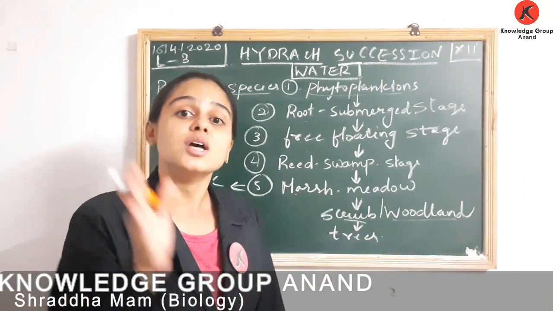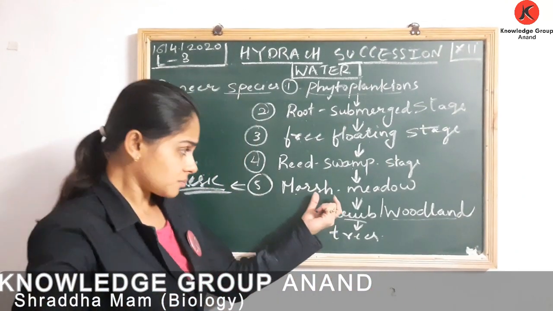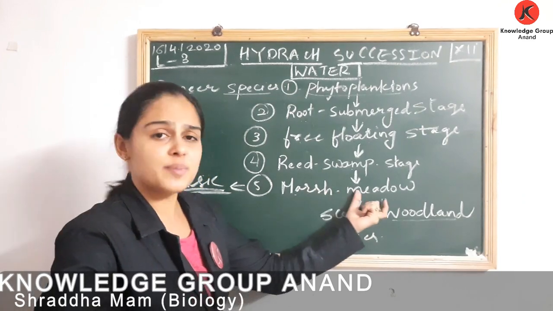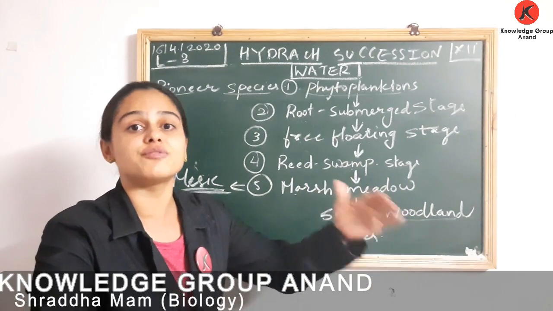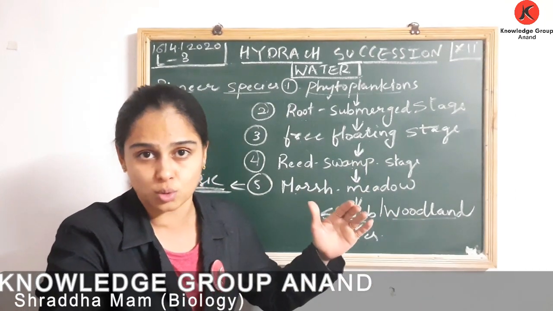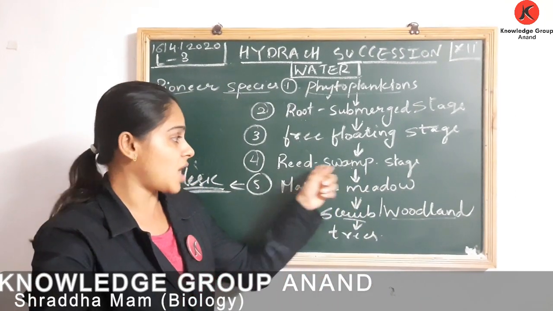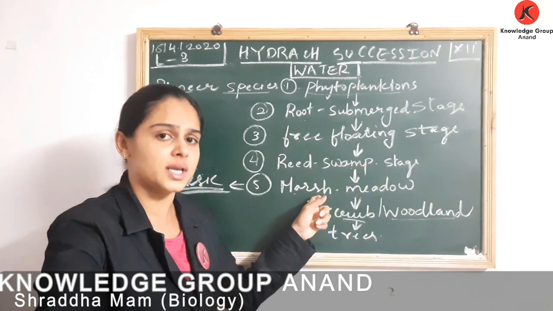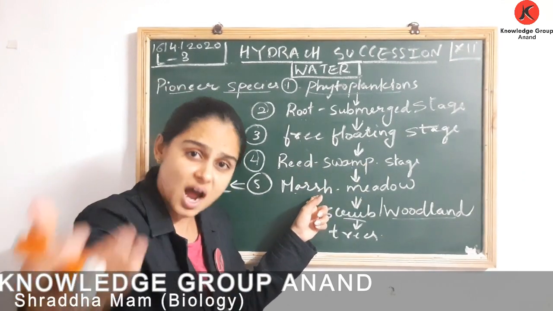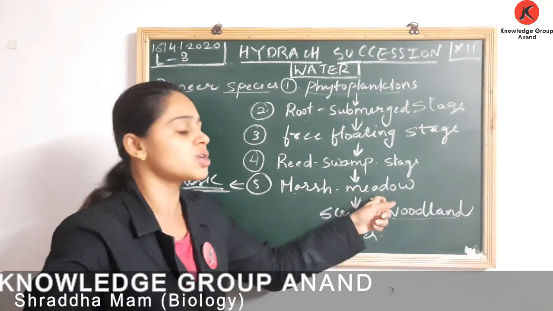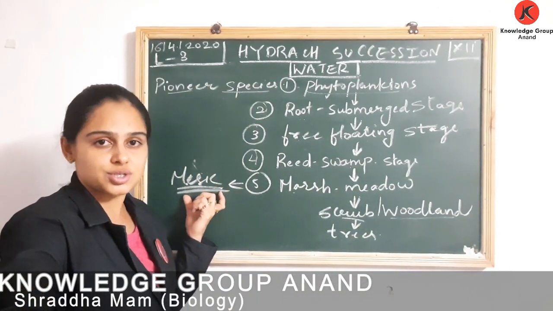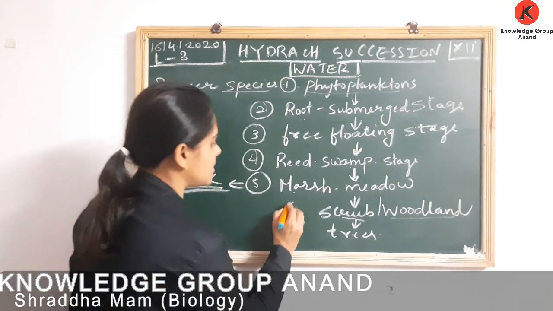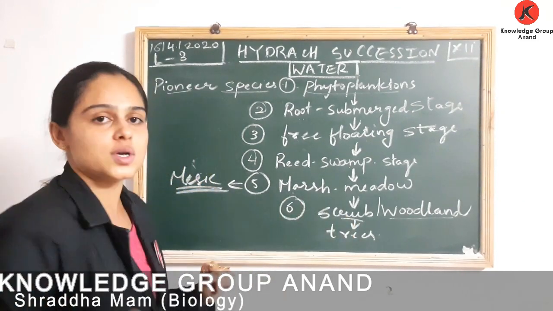There will be, you can say, in the marsh meadow stage, gradual disappearance of dense vegetation. जो dense vegetation यहाँ पे होती है, will gradually start to disappear in your marsh meadow stage due to the mesic condition.